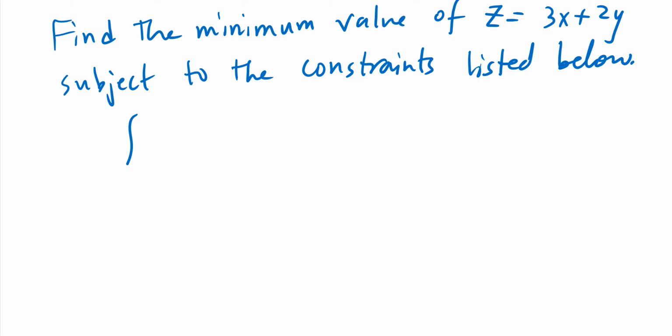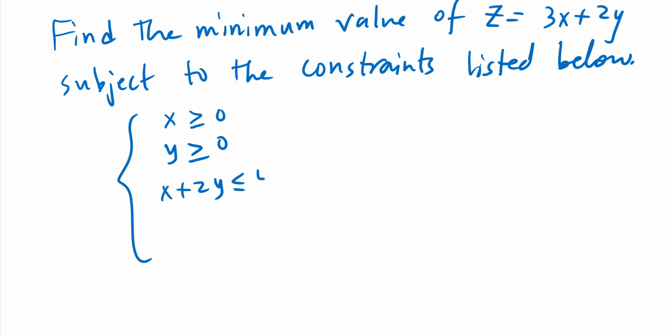What are the constraints? x bigger than or equal to 0, y bigger than or equal to 0, x plus 2y less than or equal to 4, and x minus y less than or equal to 1. This is similar to the inequalities we did in the previous section. So let's see how to start with this one.